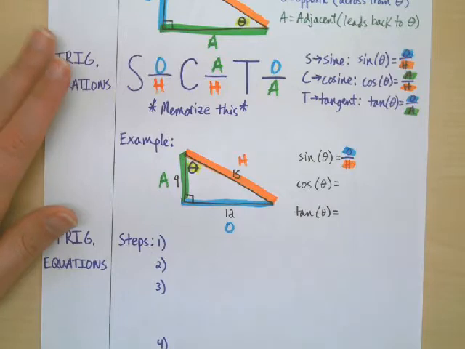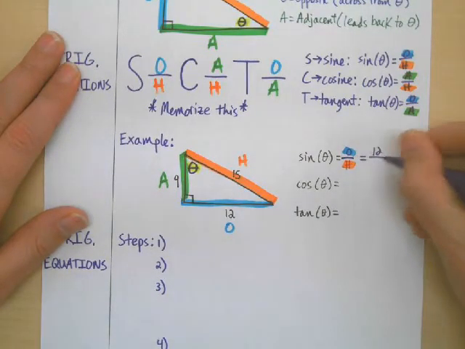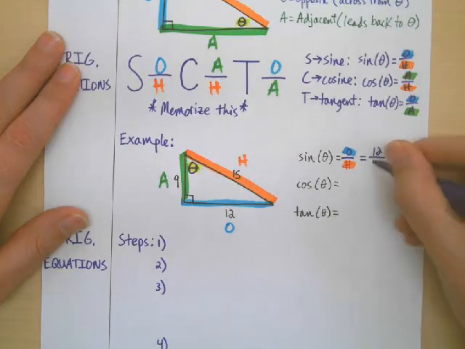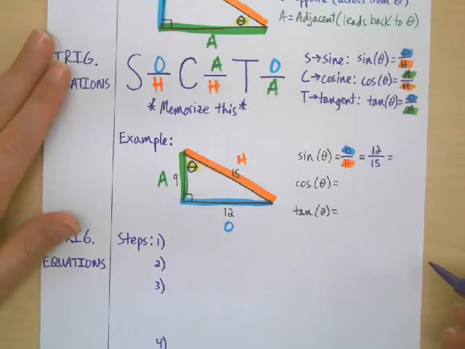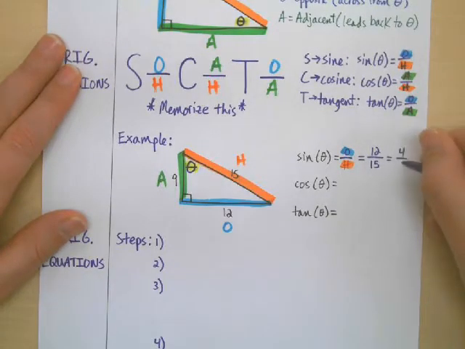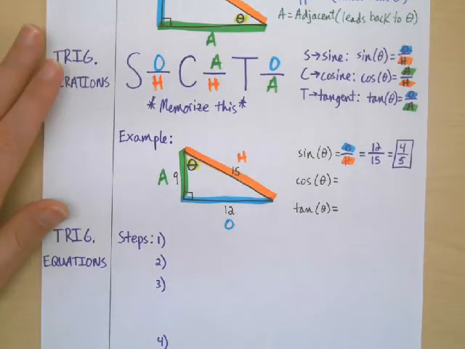Now I'm going to substitute 12 for O, 15 for H, and I'm going to simplify that fraction to 4/5. So sine theta really equals 4/5.